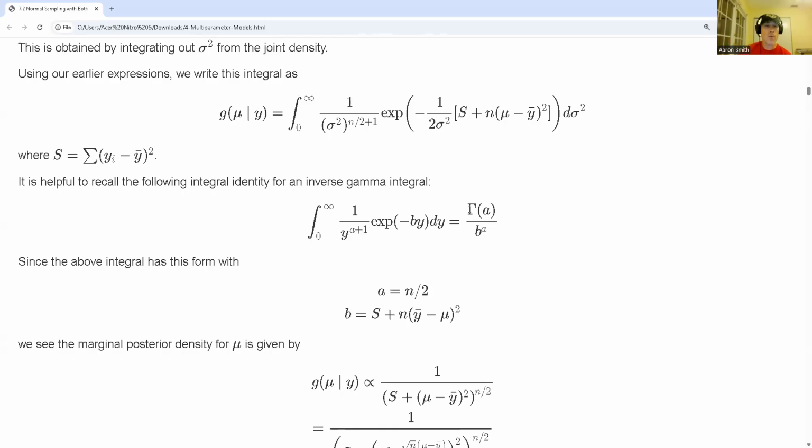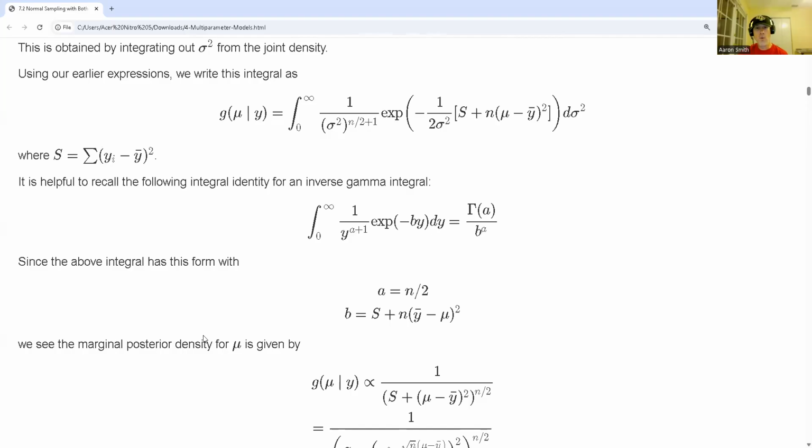And so with this, if I want to use this formula to make the integration simpler, because I recognize it and I know it, I set A equal to n over 2. I set B equal to S, that sum of squares difference from the mean, plus n times (y bar minus mu) squared.